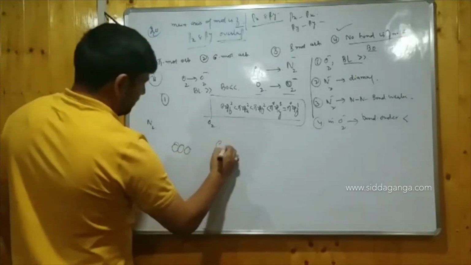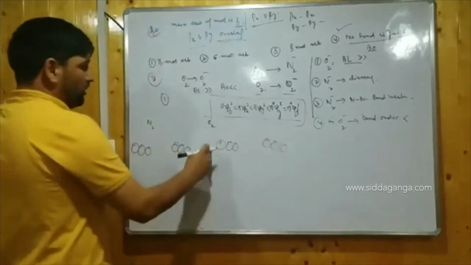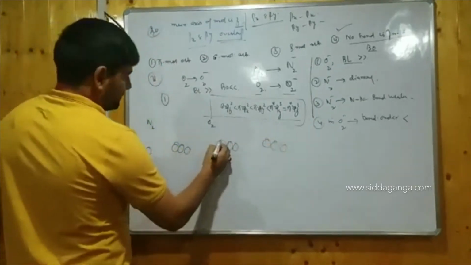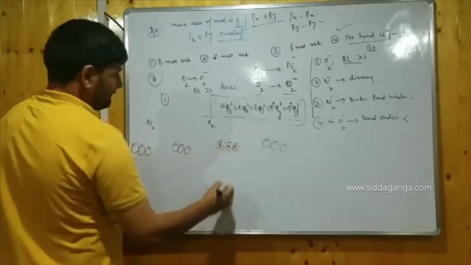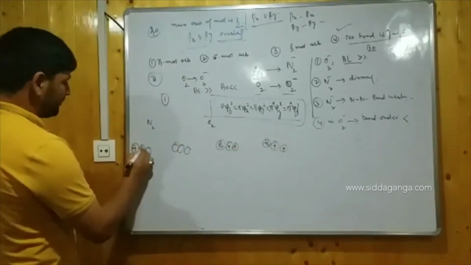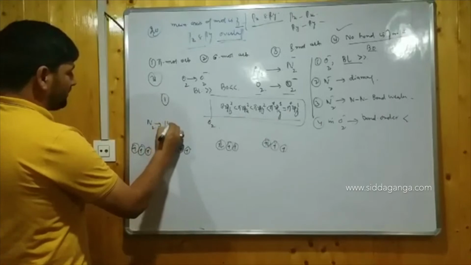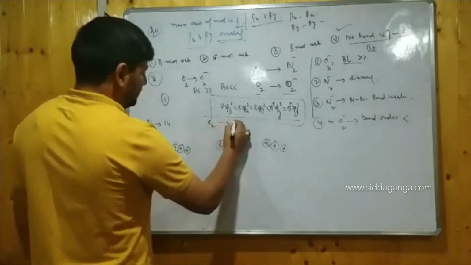For oxygen also 2px, 2py, 2pz, 2px, 2py, 2pz. Oxygen's electronic configuration outermost is 2px2, 2py1, 2pz1. Here also 2, 1, 1. But for nitrogen it is 1, 1, 1 and 1, 1, 1. We know nitrogen's atomic number is 14 and oxygen's atomic number is 16.